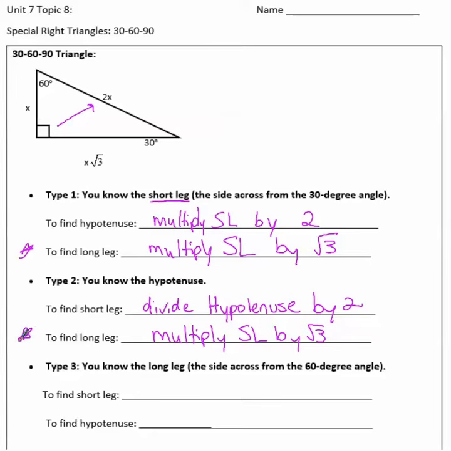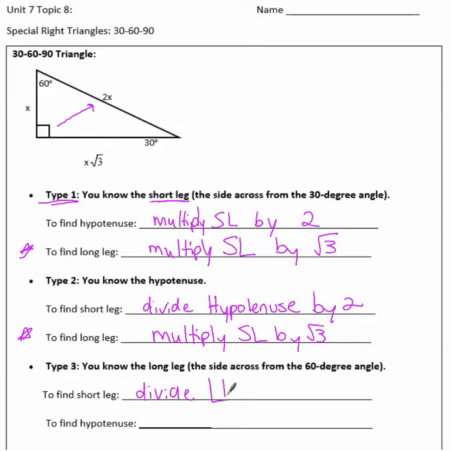Type 3 is you know the long leg. When you don't know the short leg, you want to find the short leg first. To find the short leg, you divide the long leg by square root of 3.